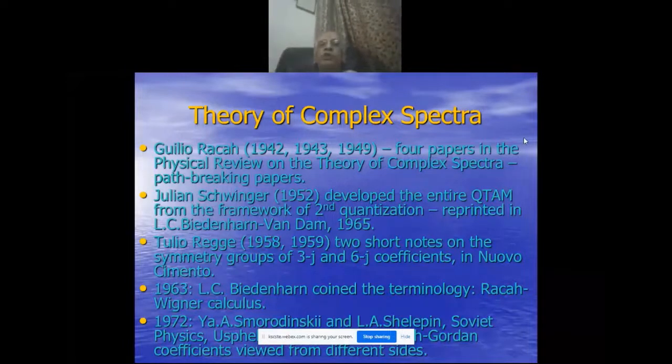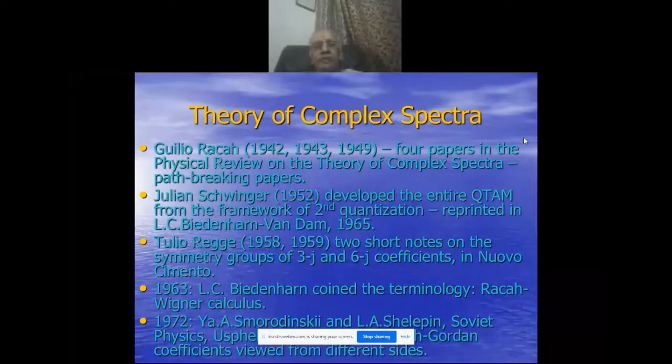He wrote four papers in the years 1942, 43, and 49, which are considered the most path-breaking papers, where all the mathematical tools which are necessary were developed. Today, the name given is quantum theory of angular momentum. And the entire quantum theory of angular momentum, QTAM as I call it, was developed by Julian Schwinger in 1952 from an entirely different standpoint, known as the second quantization framework.